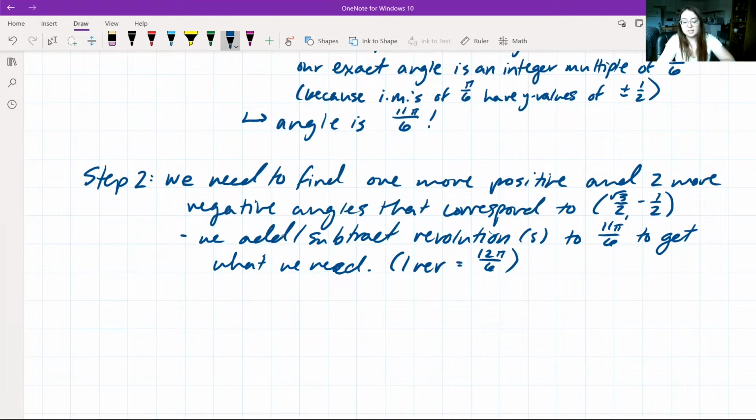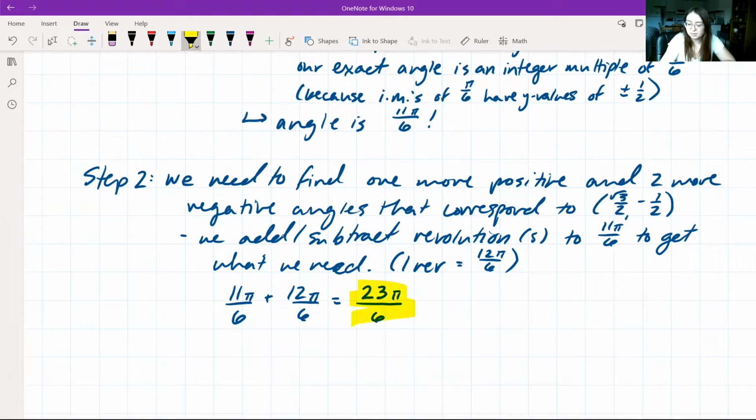So we need one positive value. We're going to add 12 pi over 6 to our original angle. This is going to give us 23 pi over 6, and this is going to be one of our angles. So now we have two positive angles.